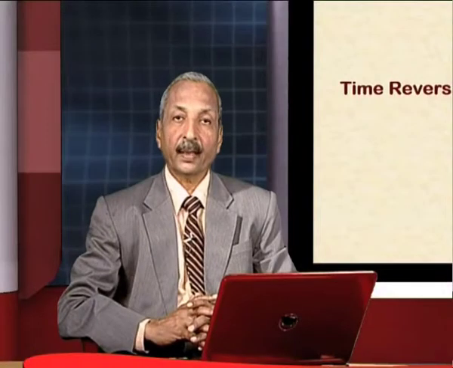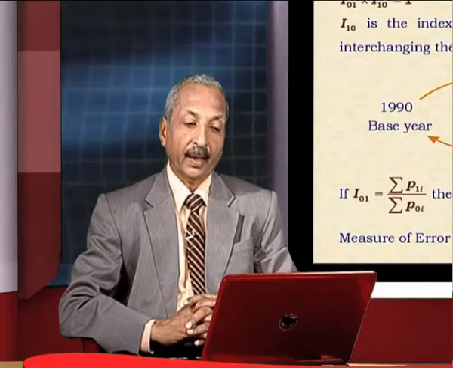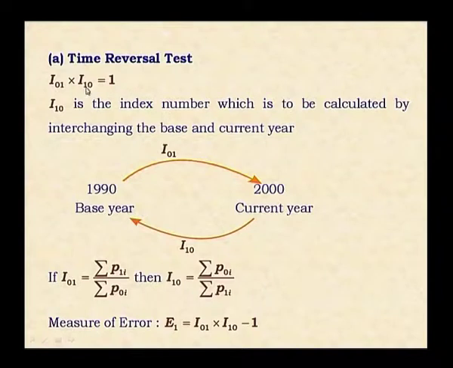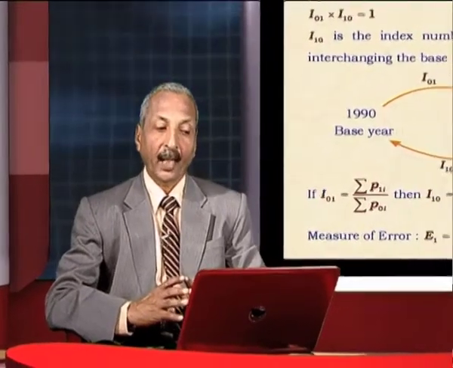Now, first we shall discuss what we mean by a time reversal test. The time reversal test is given by this formula: I01 times I10 must be equal to 1. That is, if any index number satisfies this equation, then we say that this index number is appropriate according to this criterion. Now, what is here I10?